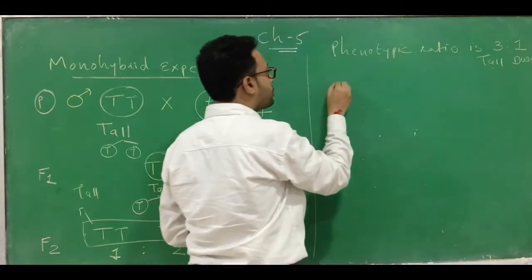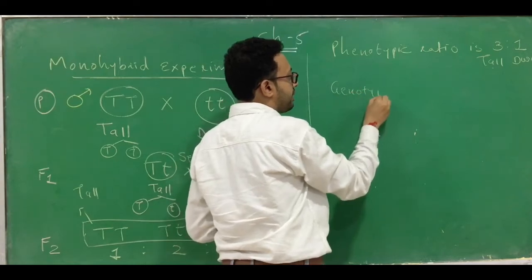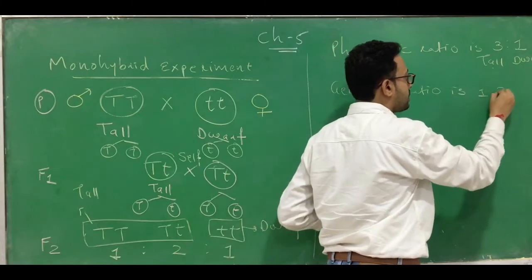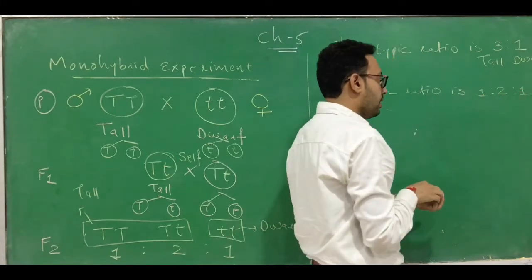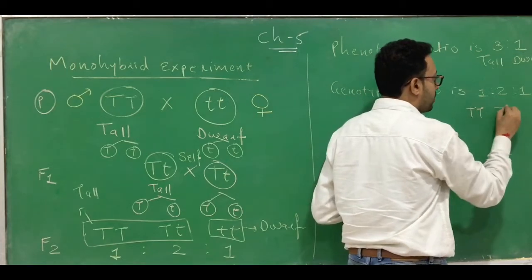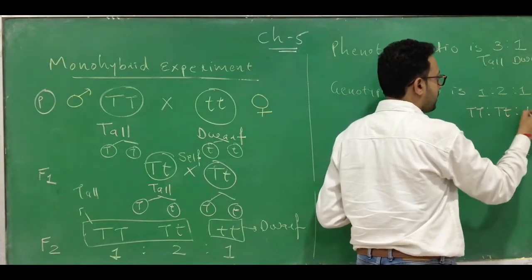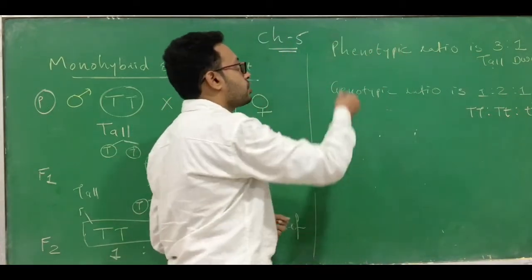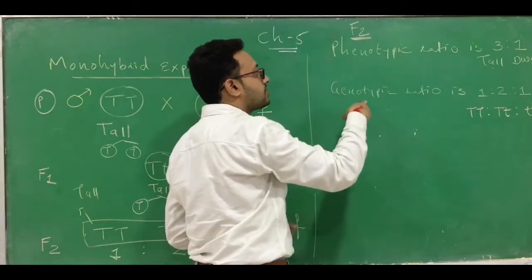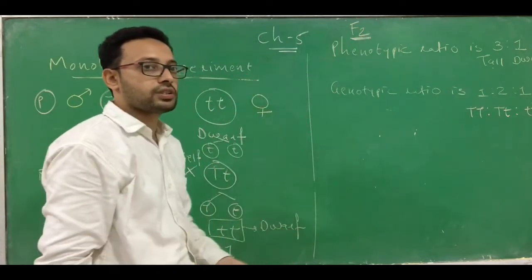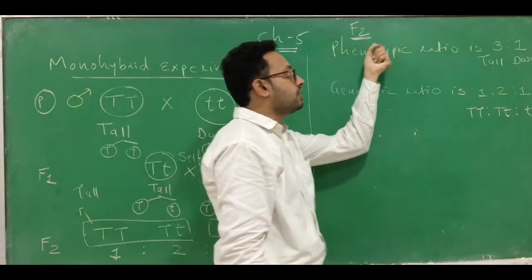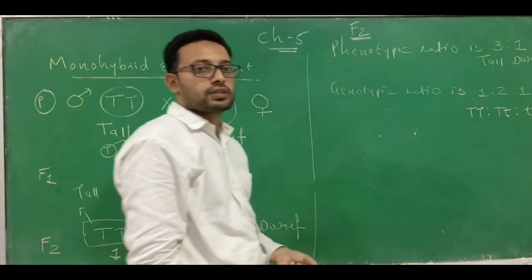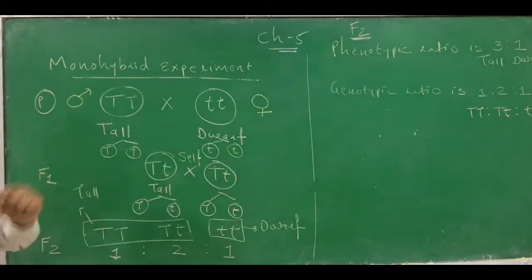But if you consider the genotypic ratio in Mendel's experiment, it is 1:2:1: 1 capital T capital T, 2 capital T small t, and 1 small t small t. So in Mendel's experiment the phenotypic ratio is 3:1 and the genotypic ratio is 1:2:1. Clear? This much we finished in the last session.